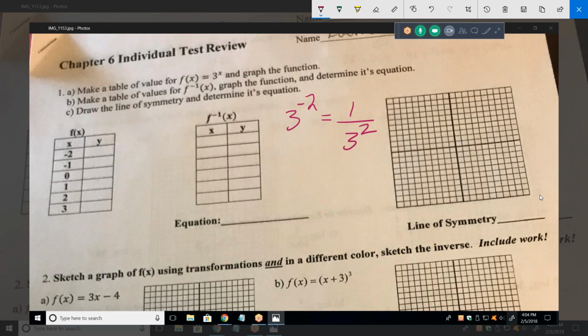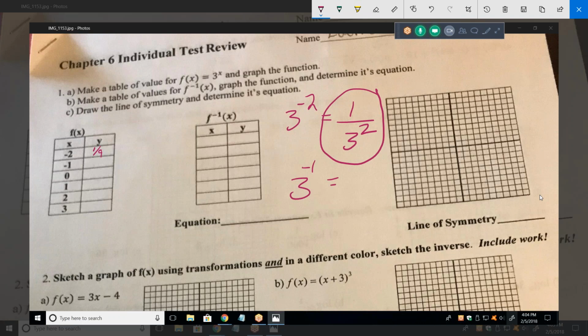So when you see a negative exponent, it merely means put it on the other side of the fraction bar. Okay. So what's the answer? 1 over 9. Correct. Keep going. Minus 1. Would that just be 1? What would it be? 3 to the minus 1.